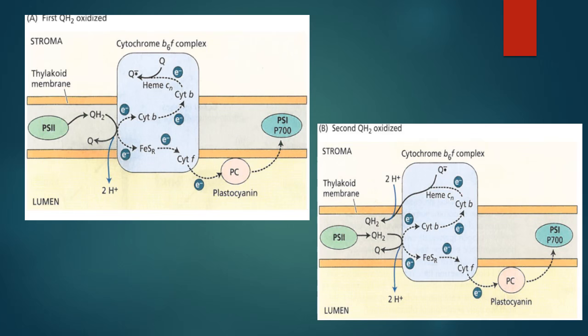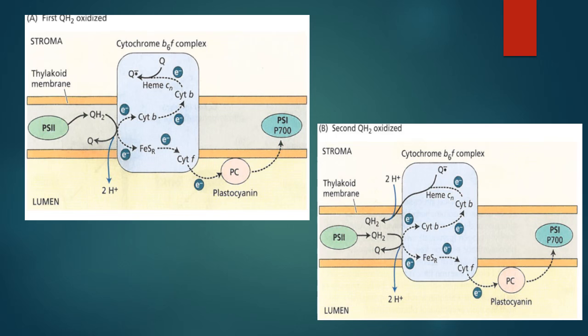Thus, in the first step, 2 protons have been released into the luminal side, denoted as 2H+. Let us focus our attention on the second image, that is the second plastohydroquinone oxidized. The b-type heme transfers its electron through the second b-type heme to an oxidized quinone molecule, reducing it to the semiquinone.